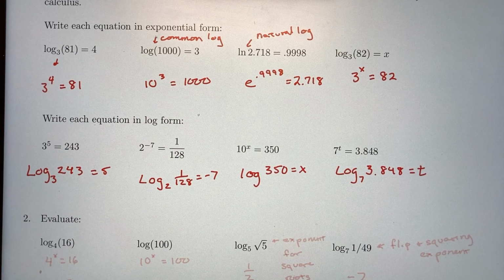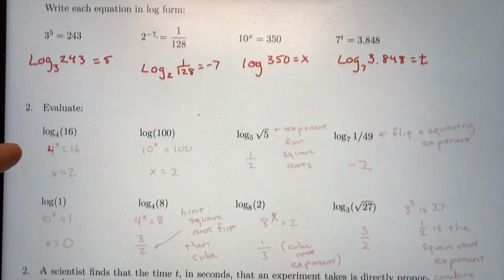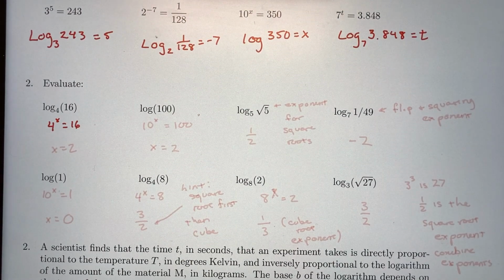All pretty straightforward. This is asking 4 to what power gives you 16. And this is asking for what power of 10 gives you 100. Same thing. What exponent gives you square roots? 1/2.